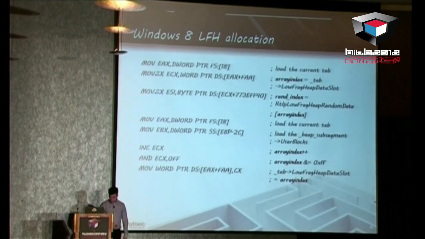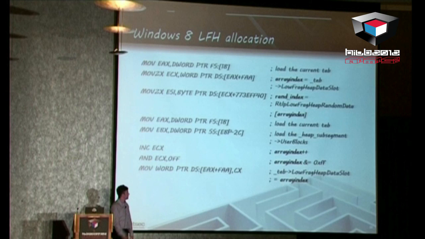Let's go through this. When we have a look, first of all it looks up an index value. This index value is looked up from the heap data slot, and is then used to look up a random byte from the heap random data array.